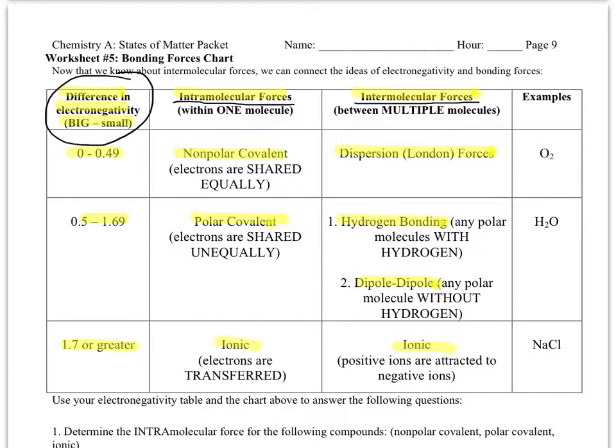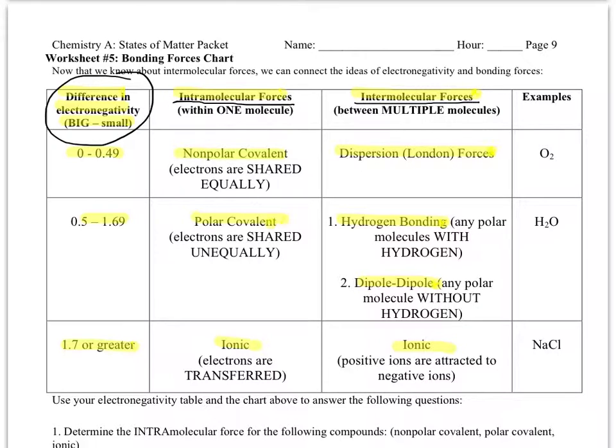Right? So remember that the intramolecular forces are the stronger ones. That's, is it a covalent bond or an ionic bond? And the intermolecular forces are the more broad-ranging ones that are a little bit weaker: the dispersion force, hydrogen bond, and the dipole-dipole force.